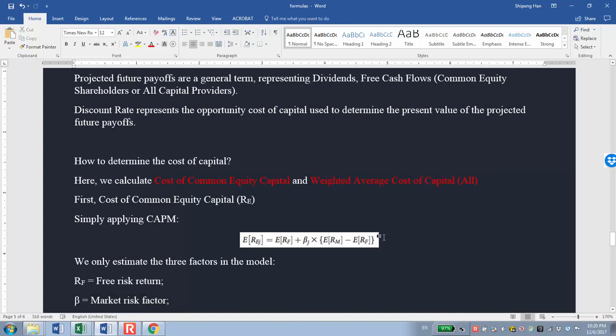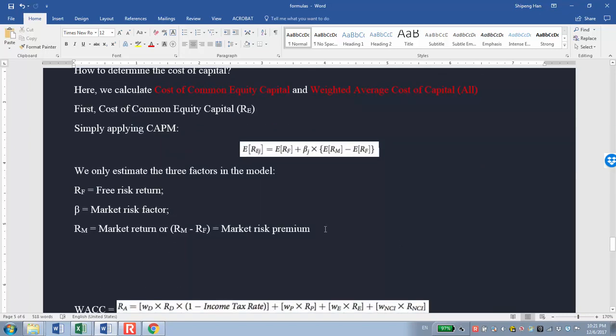So there are only three factors we need to calculate the return on common equity capital. One is risk-free return. One is beta, market risk factor. Another one is expected market return.